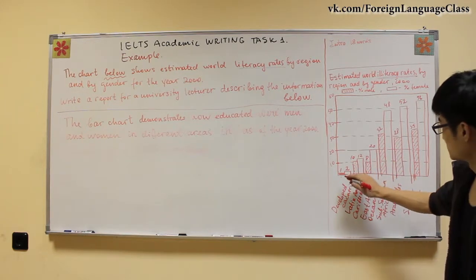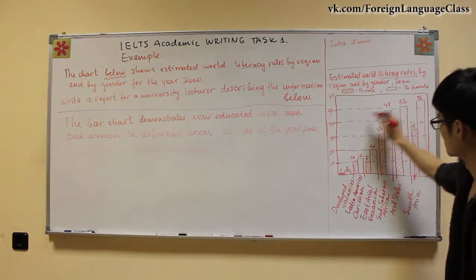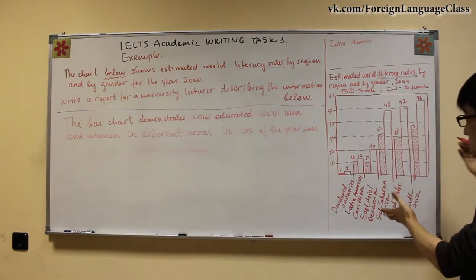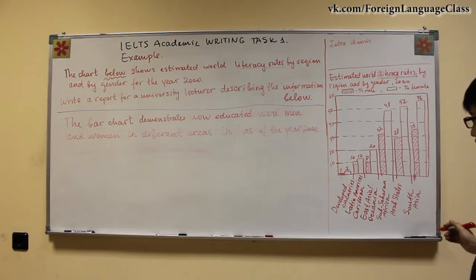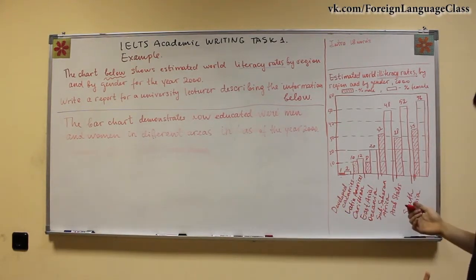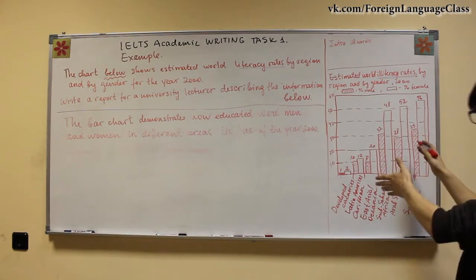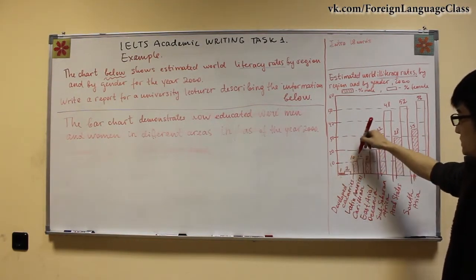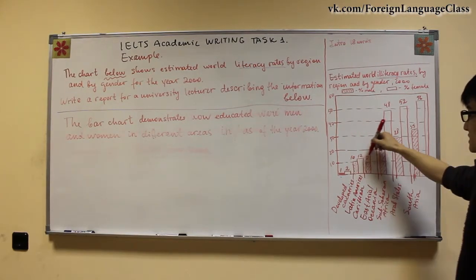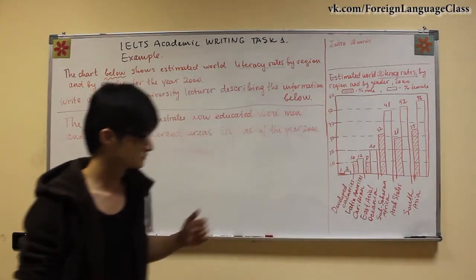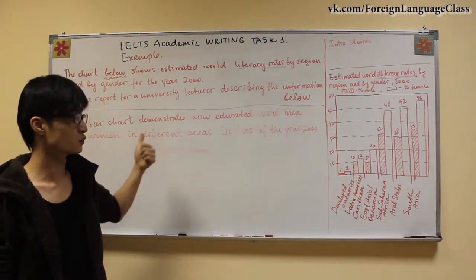We can also describe illiteracy rates among men and women in general, name regions with the highest and the lowest literacy rates, and then in paragraph 1 and in paragraph 2 describe the difference, the gap between literacy rates among men and women. I will do this in paragraph 1.